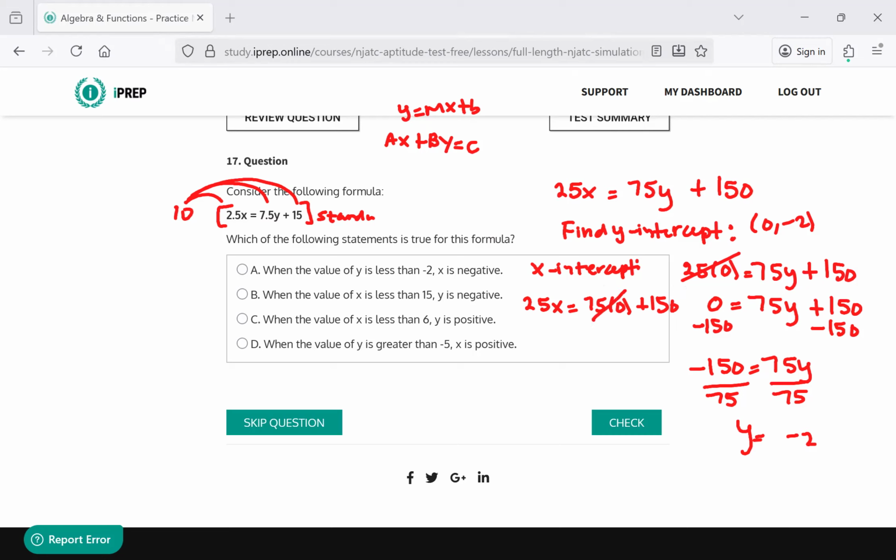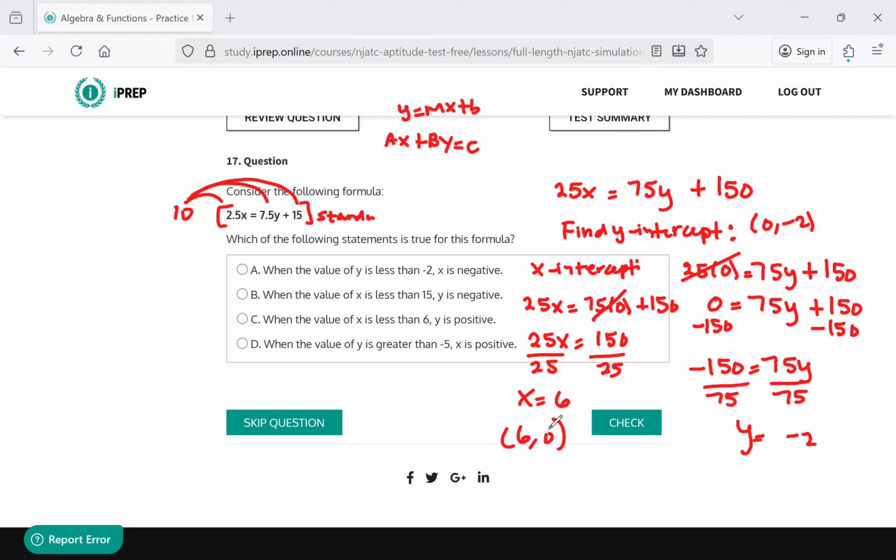This cancels, so you're left with 25x equals 150. Solve for x by dividing by 25. 150 divided by 25 is doable without a calculator. I think that is 6, right? 6 times 25 is 150. So our x-intercept is at (6, 0).